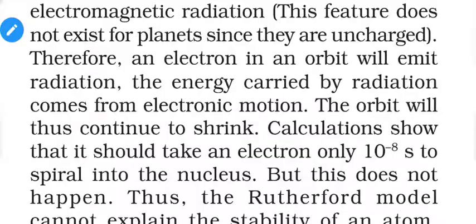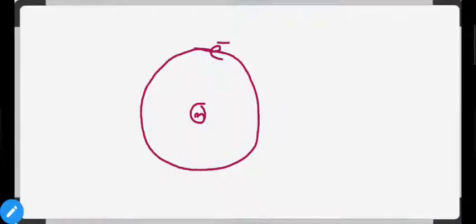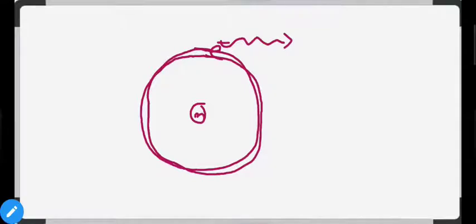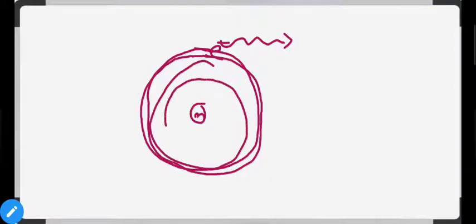We know that. That means if an electron is revolving around this nucleus like this, then it must emit electromagnetic radiation. And if it is emitting electromagnetic radiation, then because of circular motion it will continuously increase its speed because of angular momentum, and by losing energy, the orbit will shrink and eventually the electron will meet the nucleus like this.